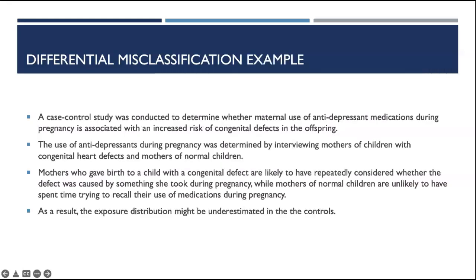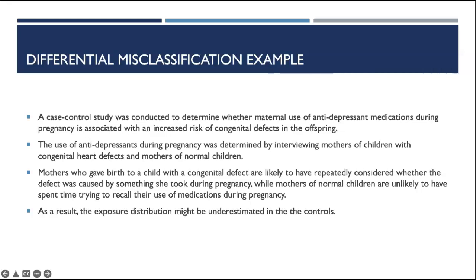So here's an example. A case control study was conducted to determine whether maternal use of antidepressant medications during pregnancy is associated with an increased risk of congenital defects in offspring. The use of antidepressants during pregnancy was determined by interviewing mothers of children with congenital heart defects and mothers of normal children.